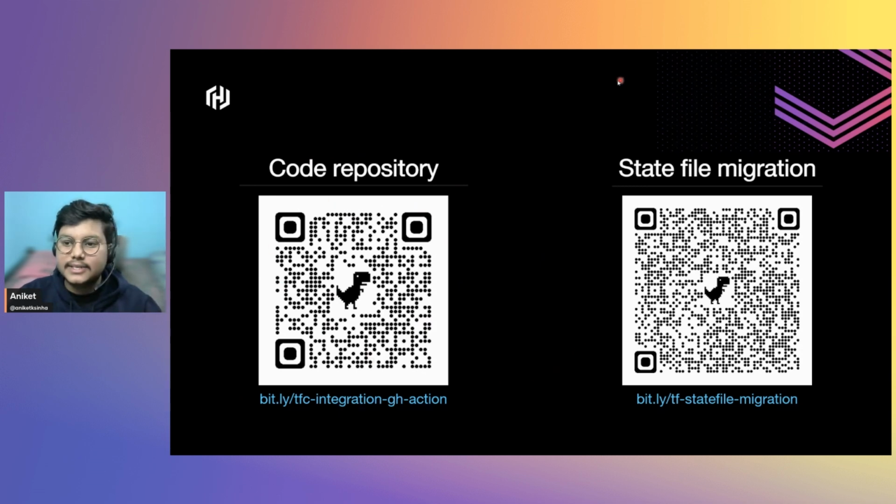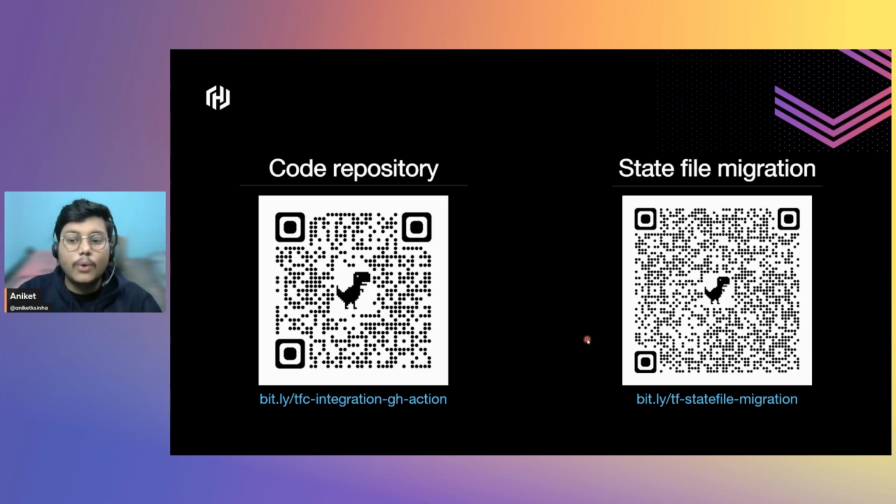And this is the state file migration. So this is another important link which I would like to share. Suppose you are using a general structure of Terraform now, and you are storing your state file in a storage account. If we are using Azure, we are storing our current state file in our Azure storage account. But you need to switch over to Terraform Cloud for more security.